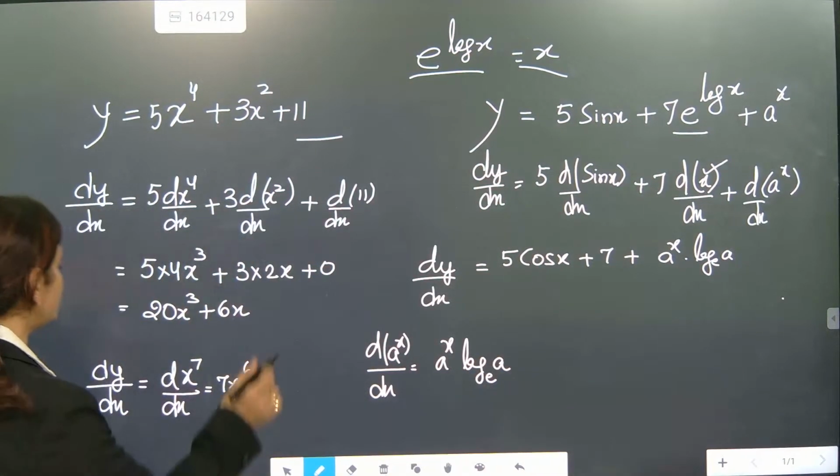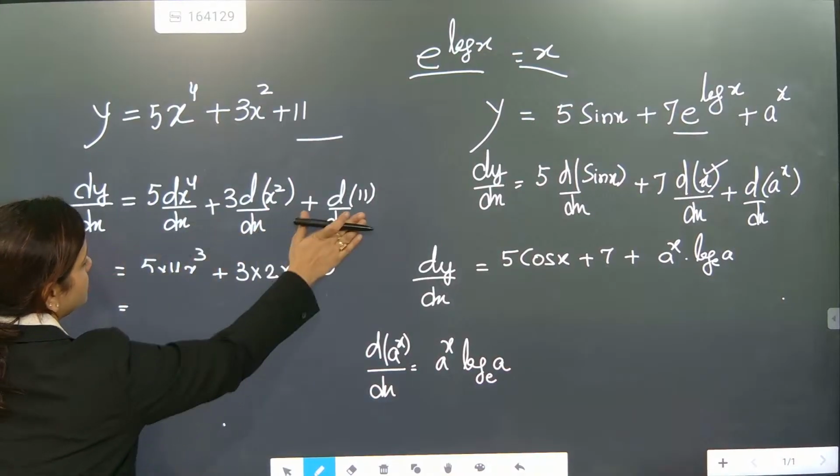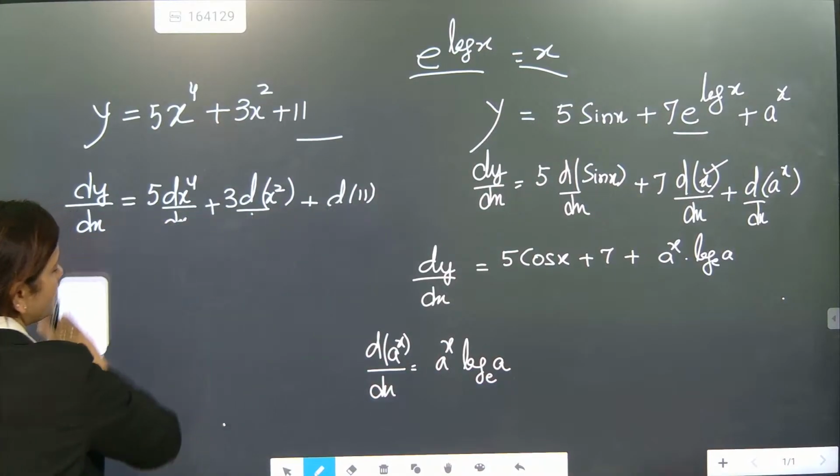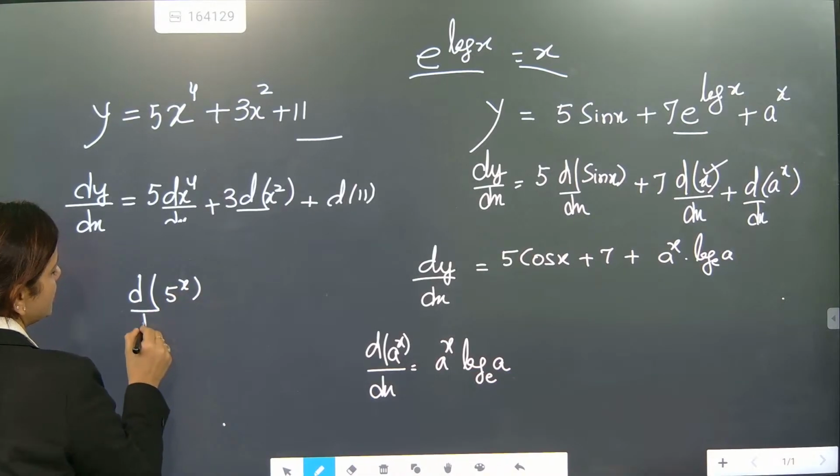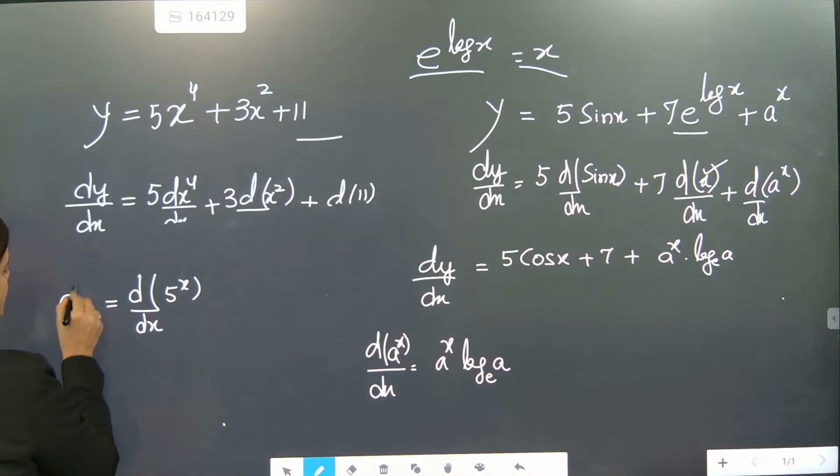Rudra, Payoja, Siddharth, Nishika, can you answer me this question? Now look here, if somebody gives you differentiation of 5 to the power x dx, then what answer will come?